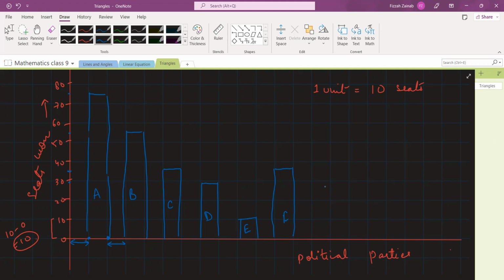So there's a question: which political party won the maximum number of seats? That is quite visible, right?